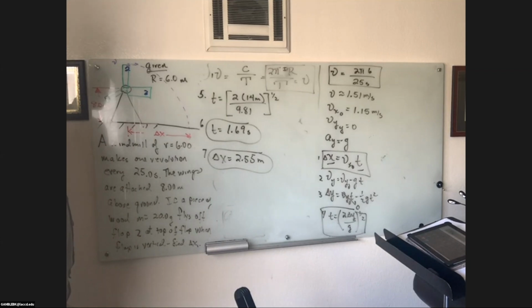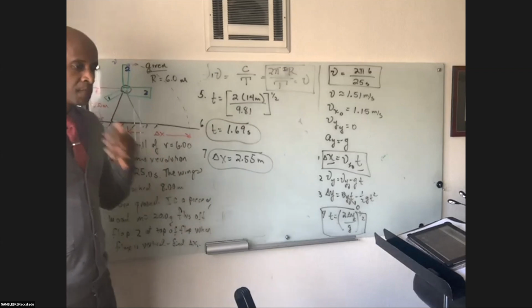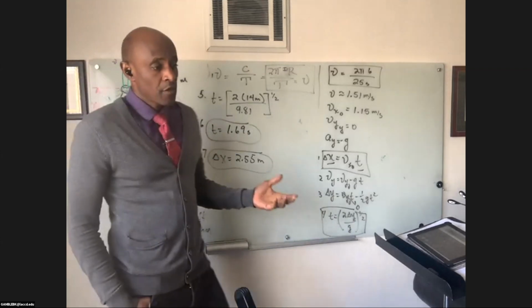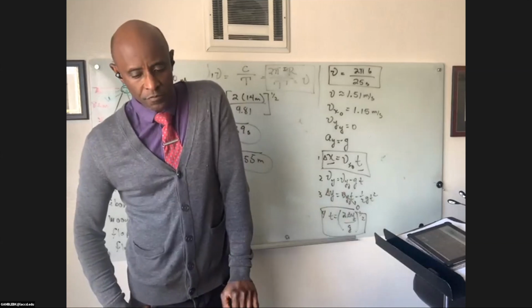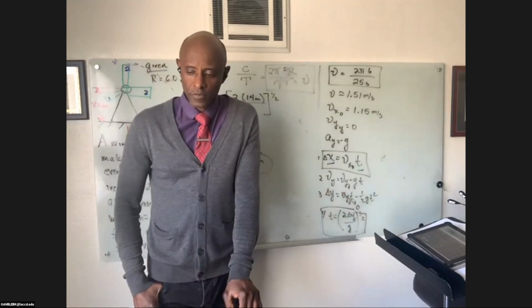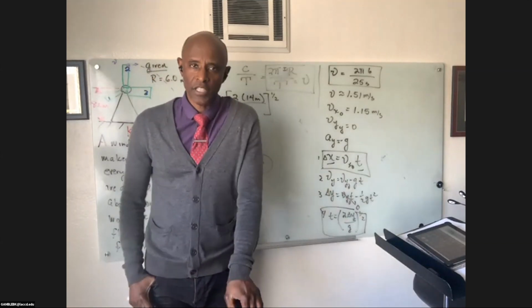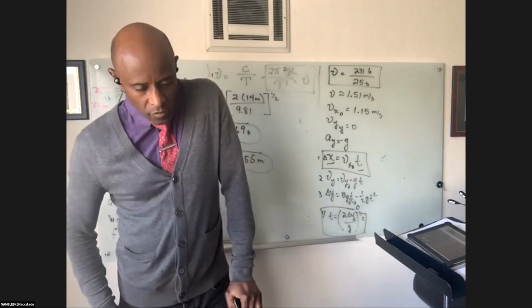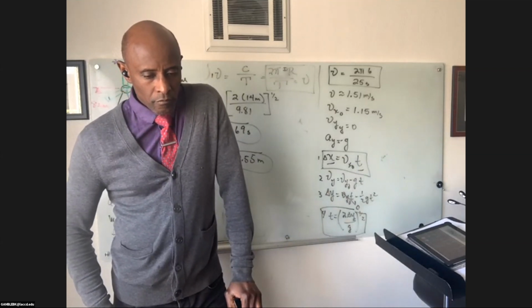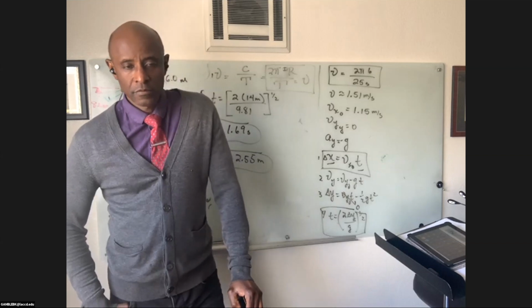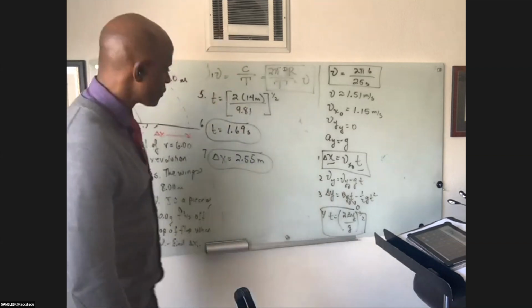Let's get an idea of what's the value of centripetal acceleration, how it relates to g, because that gives us something to compare intuitively, right? g is 9.81, right? I think the human body can't really survive more than like 7 or 8 Gs. That's 7 or 8 times the acceleration due to gravity at the surface of the Earth.